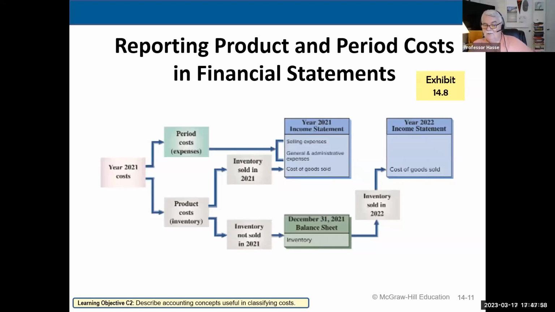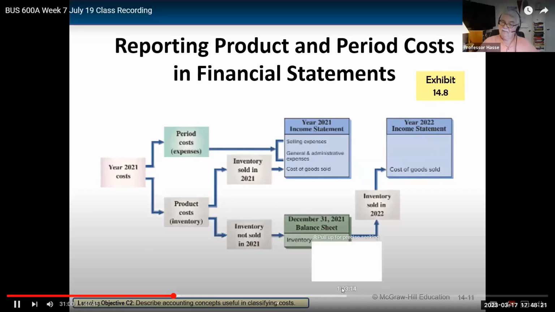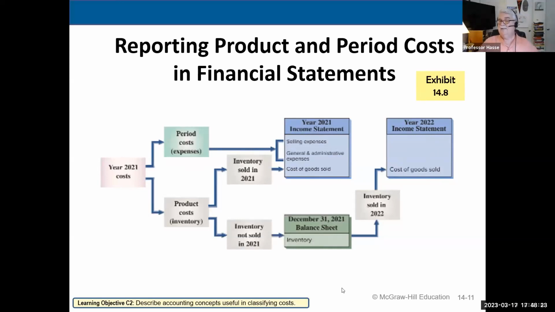So product costs can be in one year as an expense if that product was sold in that time period, but they also can be an asset on the balance sheet as inventory until they're sold later on. That's what makes understanding the difference between period and product costs so important, because some product costs are sitting in inventory at the end of a fiscal year.